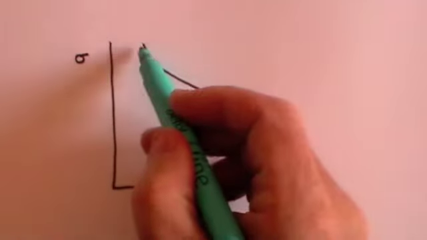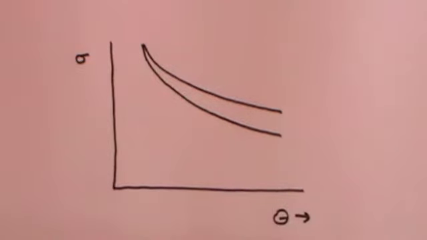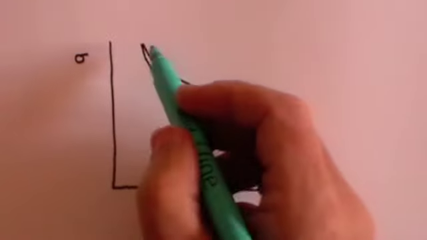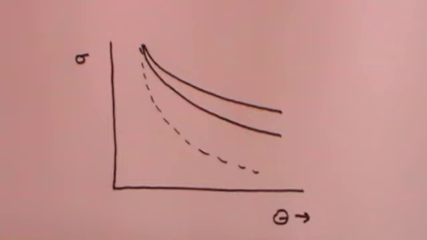The adjusted Mott cross-sections look something like that. But when he actually did electron scattering, he found that the actual data looked something like that. And what he was getting evidence of here was something of the nucleus structure.